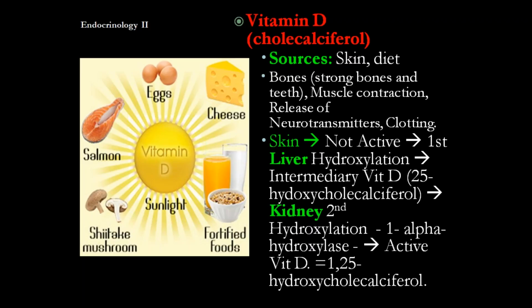So both sources go into the liver for what we call the first hydroxylation, and then the second hydroxylation, where the vitamin D is completely activated, just after it passes through the kidney. Vitamin D is called cholecalciferol because it is formed from cholesterol.